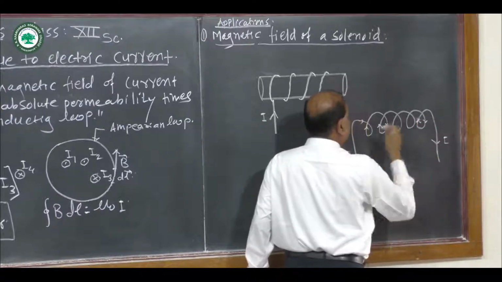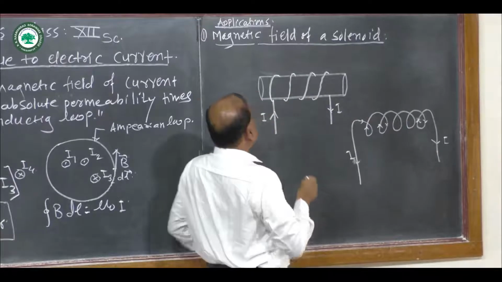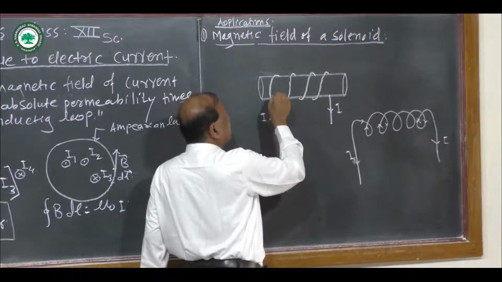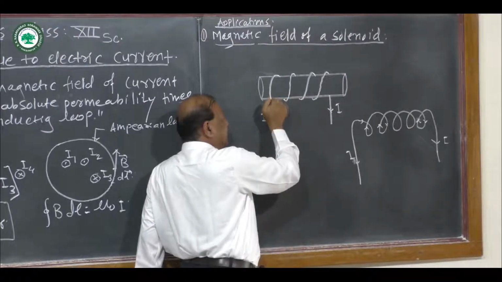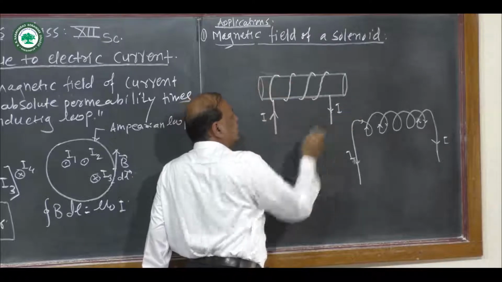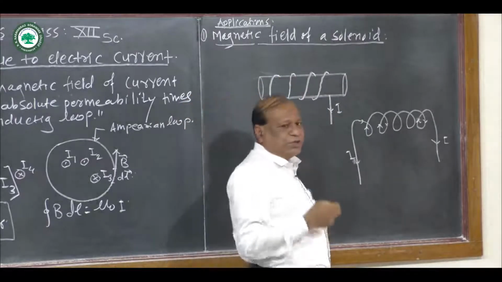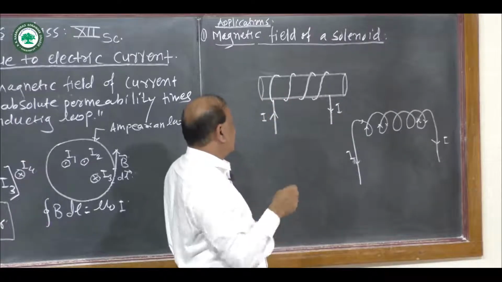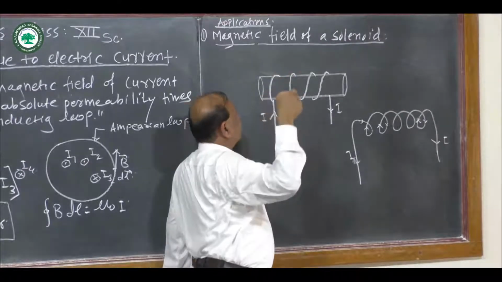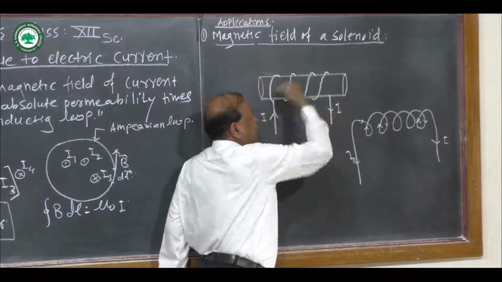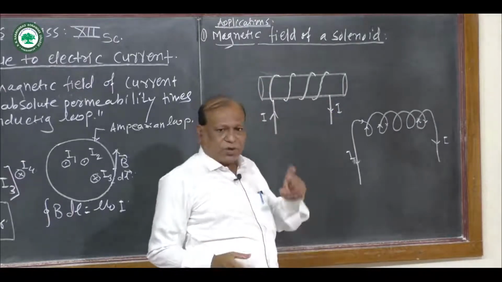And now the current will be here. Here the current enters through the solenoid, and from this one the current is directed outward. In this way, inward and outward, current will be flowing through the solenoid.